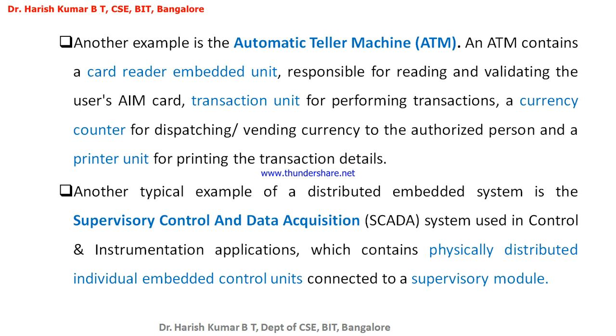But in SCADA, all these are physically distributed individually. You don't find all the embedded systems which make up the SCADA system in one single system. They are distributed, individual embedded control units, all connected by using a supervisory model. Again, it is a distributed embedded system.